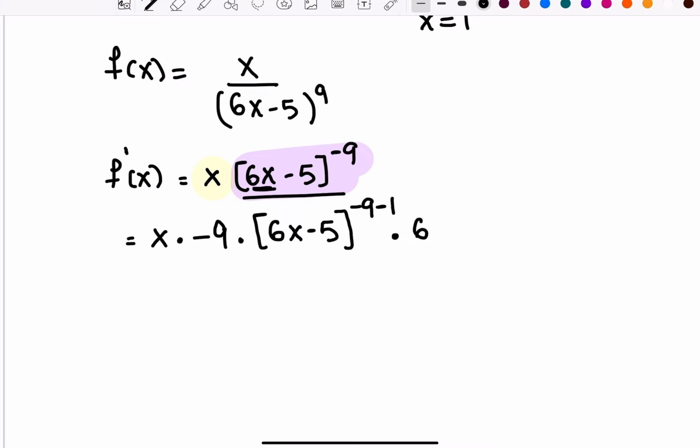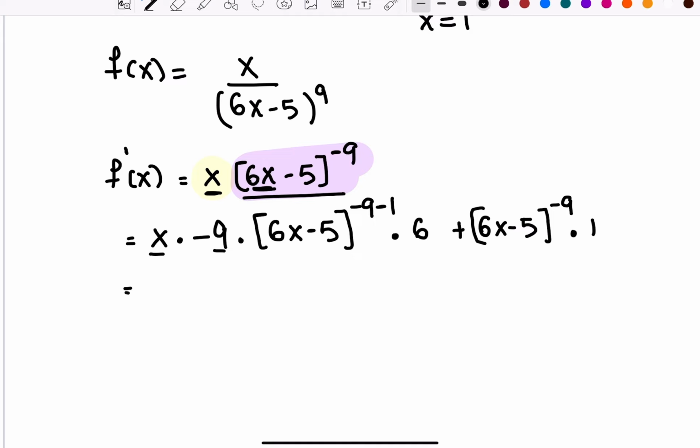Derivative of 5 is 0, so I'm not going to write that down. Plus the second function, 6x minus 5 to the power negative 9, times the derivative of x, which is 1.